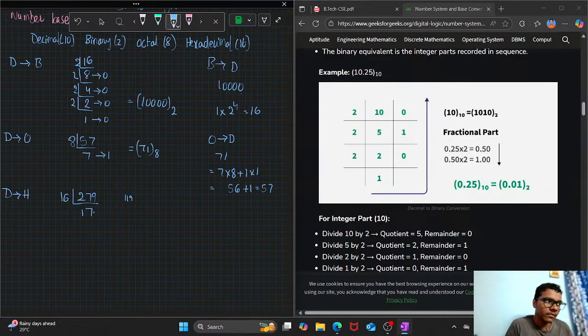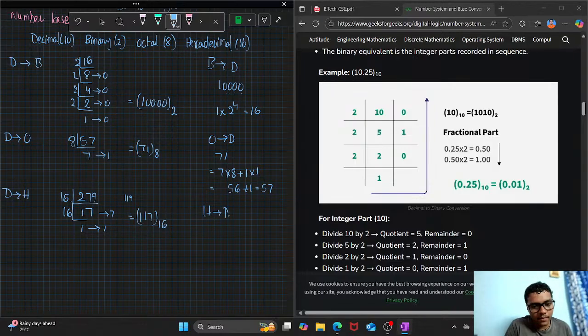All right, 112 and 7. And 16 ones are 16, and that gives 1. So this is 117 to the base of 16.